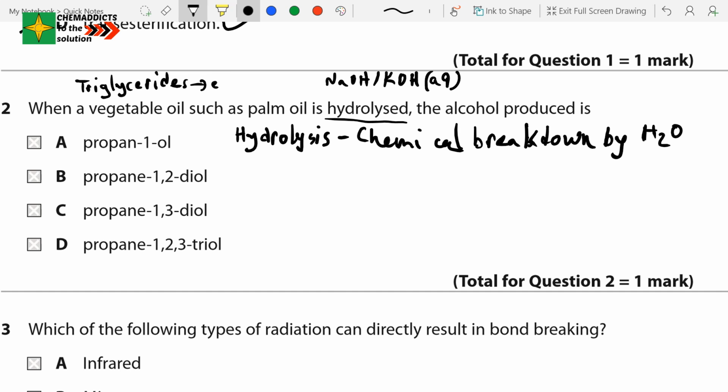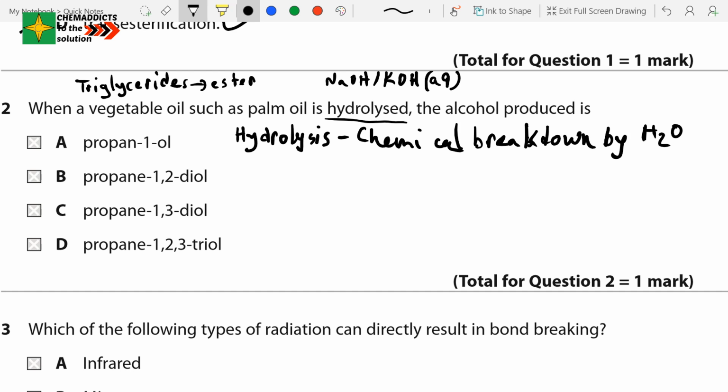Triglycerides are esters, esters with long chain. So let us write this down here.